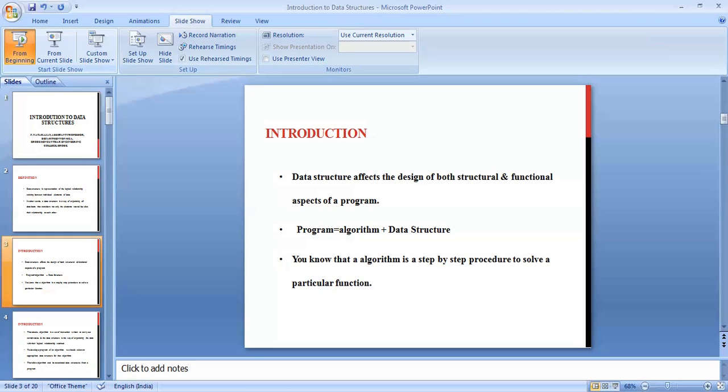Under the non-linear list, two types of data structures are there: one is a graph, another one is a tree. So totally, under non-primitive, around 6 types of data structures are there. In primitive, around 3 to 4 data structures are there.